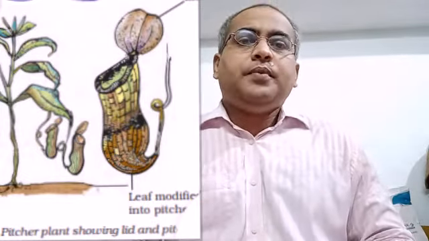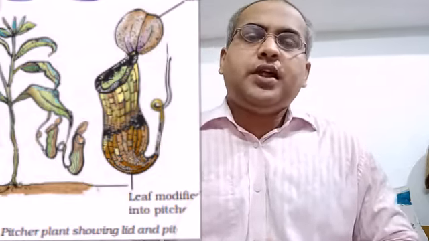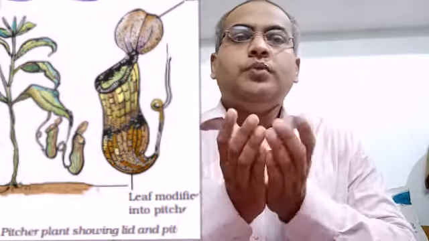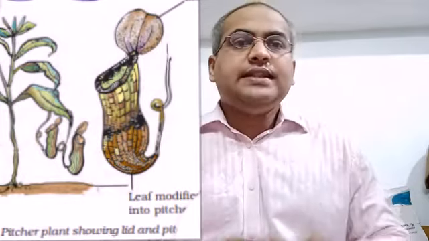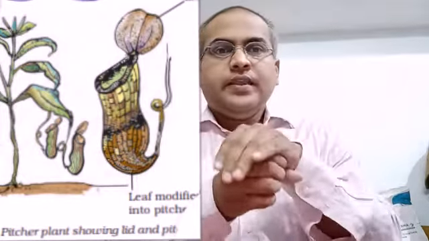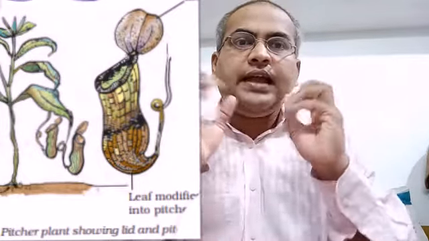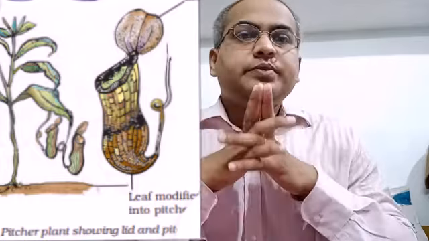Take the example of the pitcher plant. In the pitcher plant, the leaf forms a pitcher-like structure and the apex of the leaf forms a lid. Inside that pitcher there are hair-like structures, and they can secrete digestive enzymes.